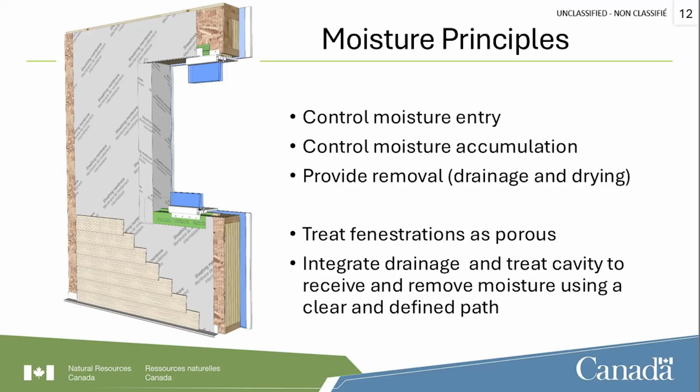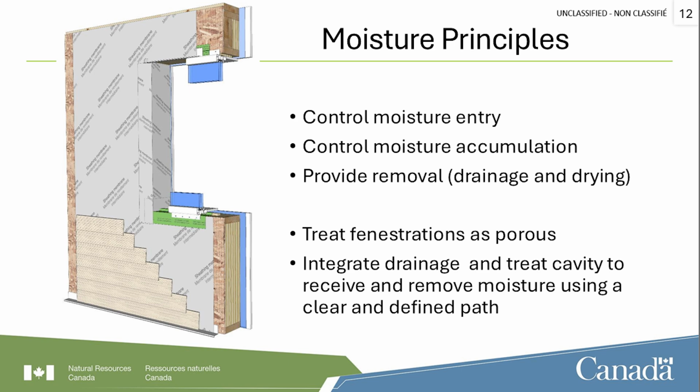So control the moisture entry. Not stop it, just control it. Reduce the amount that gets in there in the first place. Control the moisture accumulation. We don't want water getting in there and building up. So how do we reduce the accumulation? Well, we either let it drain out or we dry it out, which is our removal aspect. Right?